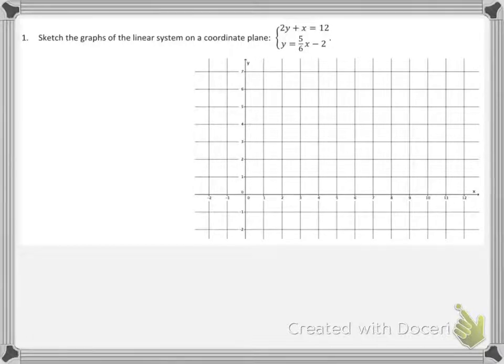So I'm going to start with the second equation here, y equals 5/6x minus 2. Because that's in slope-intercept form already, I know that I'm going to cross the y-axis at negative 2, and my slope is going to be up 5 and right 6. So that's right here. And we've got a line now that we can draw between those 2 points.